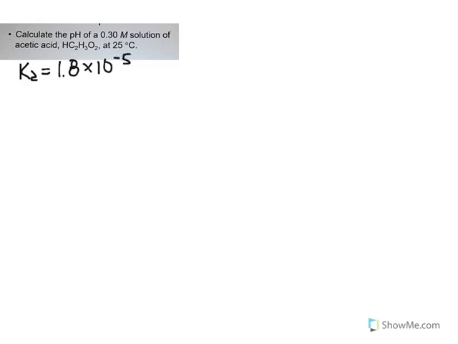Again, since this is Ka, 1.8 times 10 to the negative 5 is equal to the ratio of your ions that make up your acid divided by the concentration of your acid. So we're talking about acetic acid.